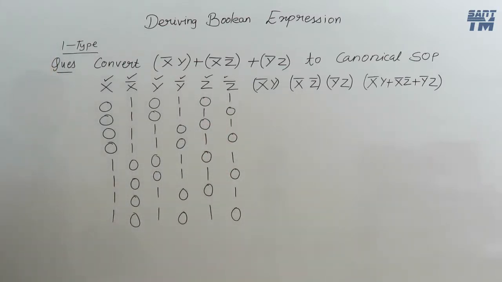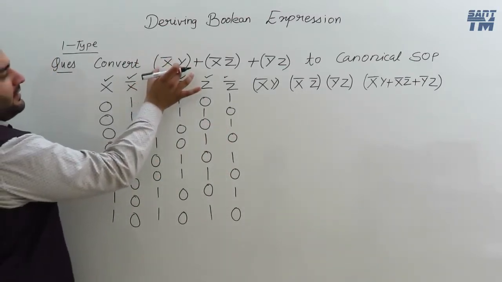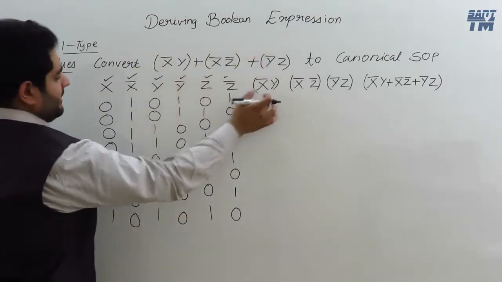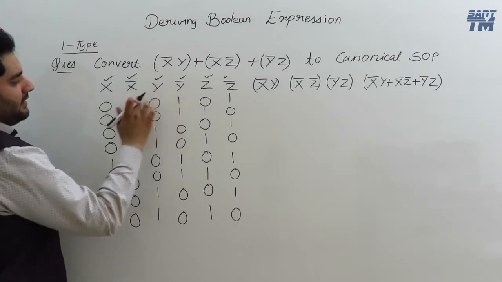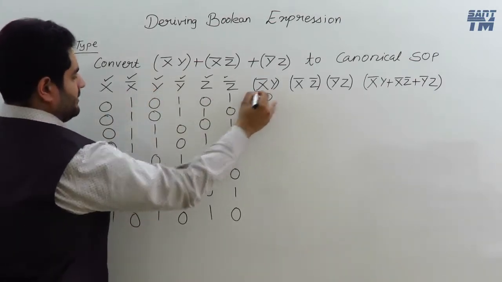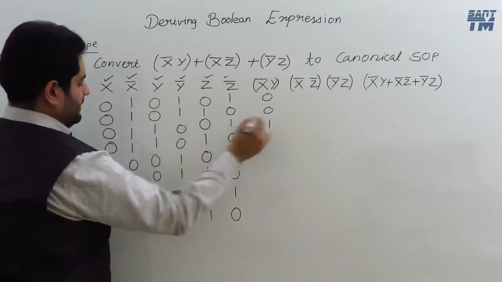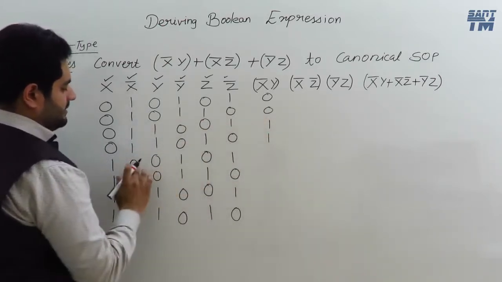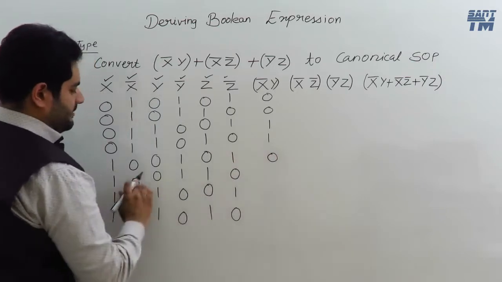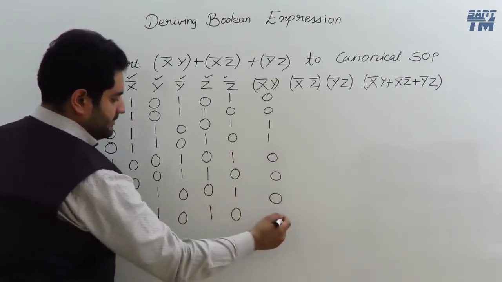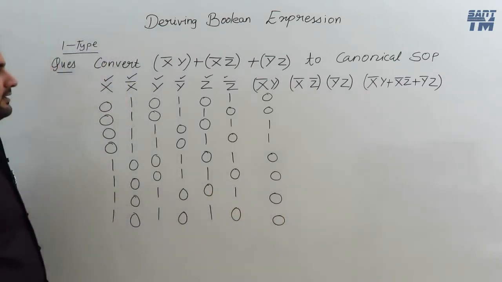Now for this expression, first we need these product terms and then we will add them all. X bar y: this is x bar, this is y. 1 into 0, 0. 1 into 1, 1. 0 into 0, 0. 0 into 1, 0. X bar y is complete.